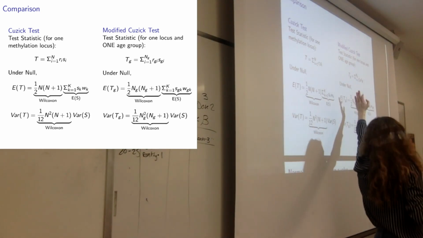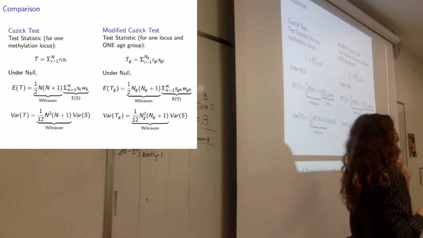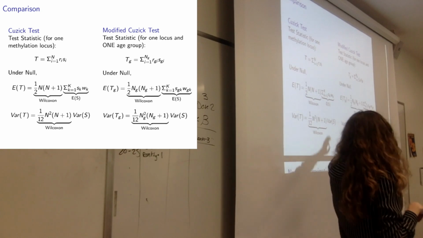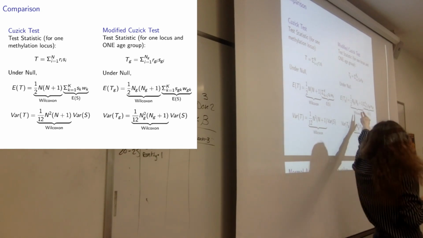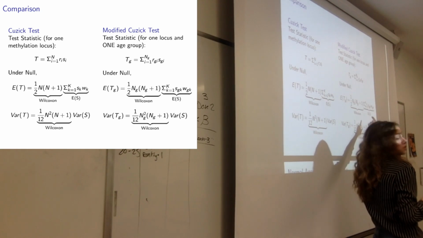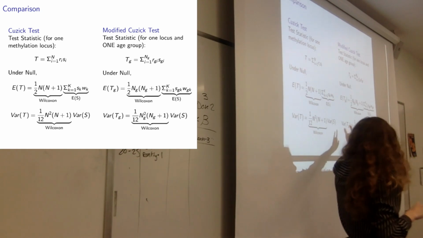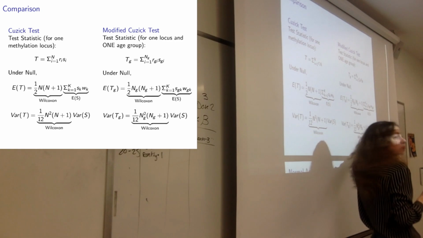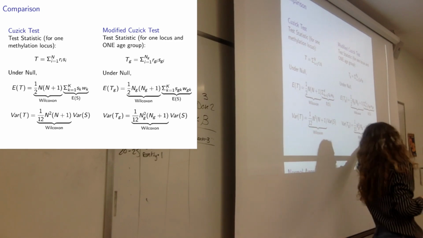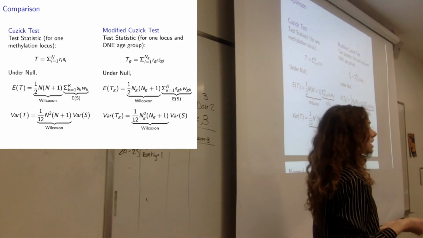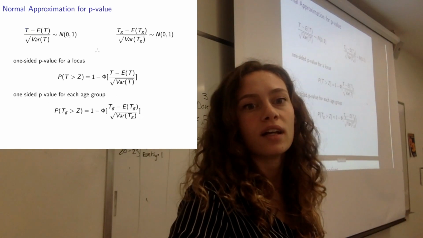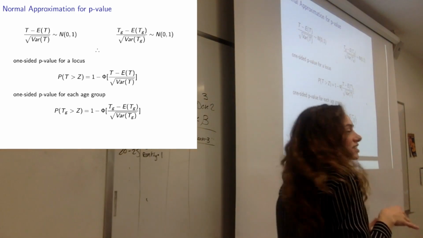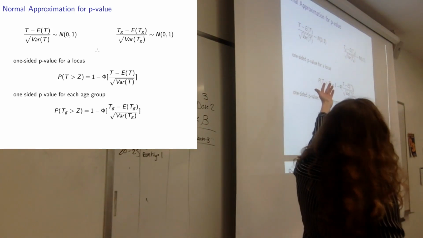So again, T_G, summation, the ranks times the score in an age group. Under the null, we expect that to be this Wilcoxon piece that we just mentioned times the expected value of your score. And then the variance is, again, the Wilcoxon piece times the variance of S, which we saw on the other pages just by definition. Okay, and so we saw the CLT in there, so this makes sense.